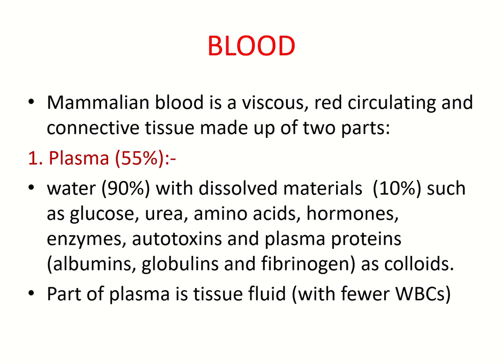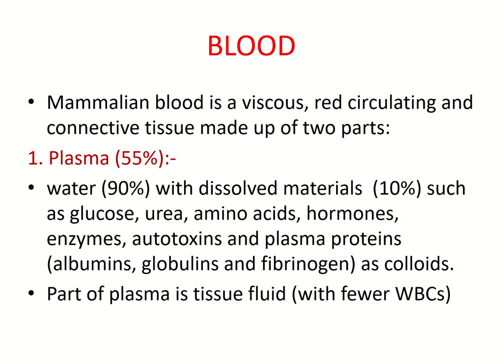Also it is called circulating tissue because it circulates within the whole body. Also it is called connective tissue because it connects all the parts of the animal body. The blood is comprised of two parts. Number one, plasma. Number two, blood cells.